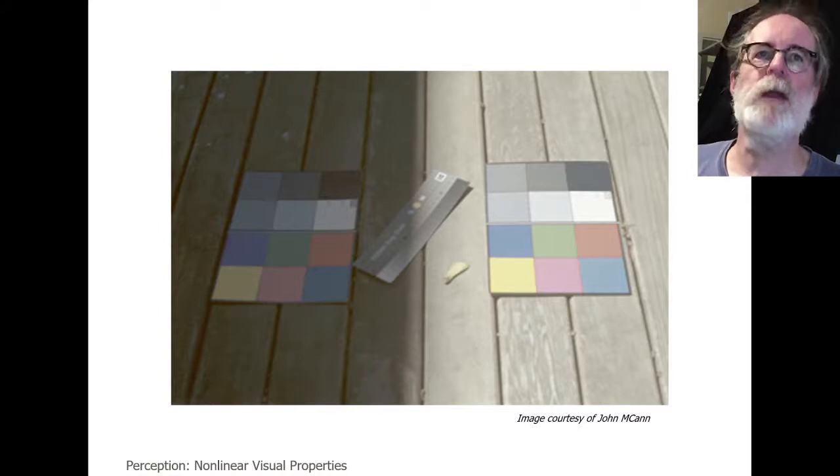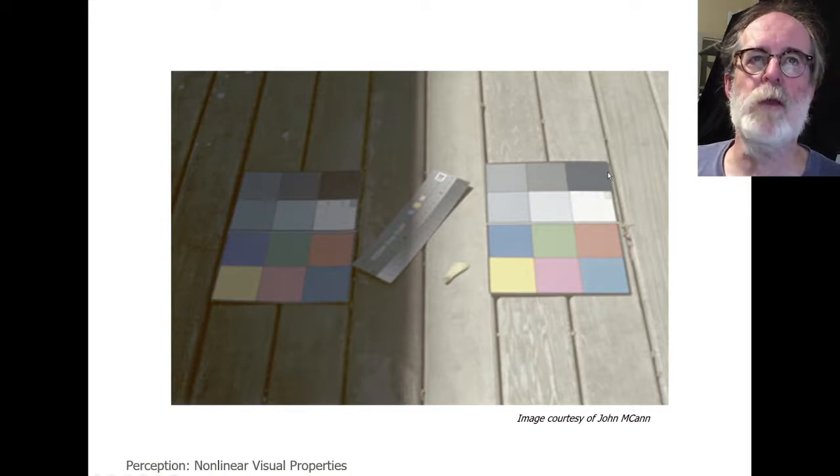We know that because we can say, oh, this guy's put a couple of color swatches on his deck, and over here it's in the shade, and over here it's in sunlight. We automatically adjust for that, and we instantly, without thinking about it, perceive this as black, and we perceive that somewhat darker color also as black simultaneously, even though the values are different.